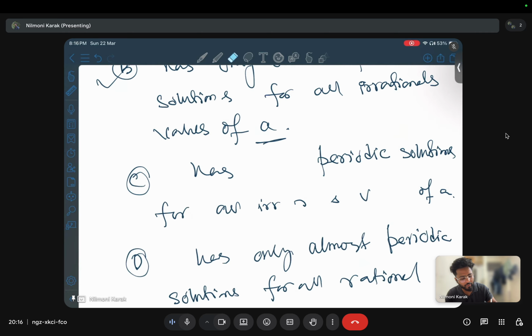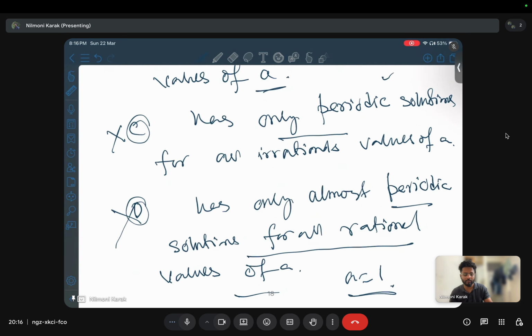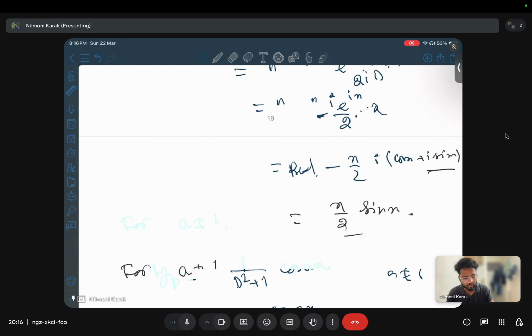Not only periodic, sorry, so this is wrong by b. It has only almost periodic solutions for all rational values of a. No, for a equals 1 this is not true at all. Okay, so b is correct.